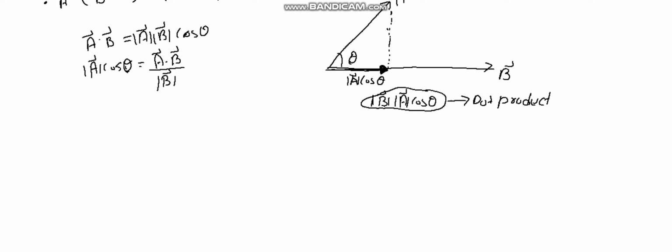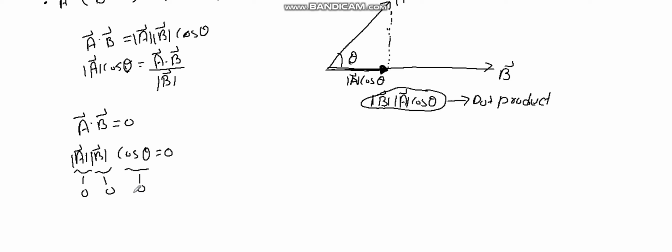One thing is that A dot B will be 0 in three cases. That means the magnitude of A times the magnitude of B times cos theta is equal to 0. Either the magnitude of A will be 0, or the magnitude of B will be 0, or cos theta will be 0.